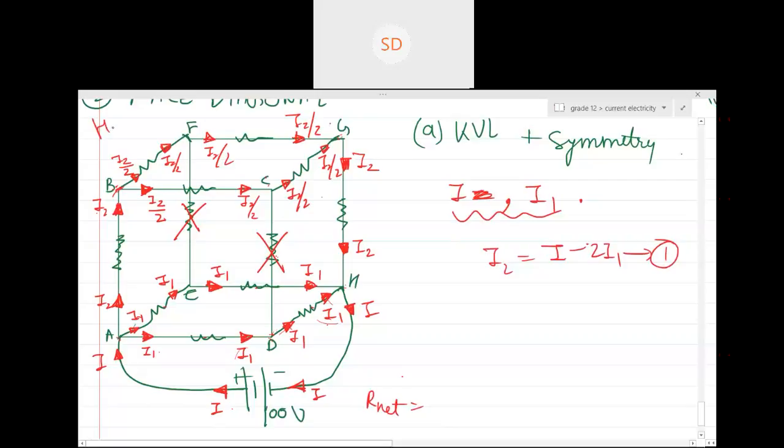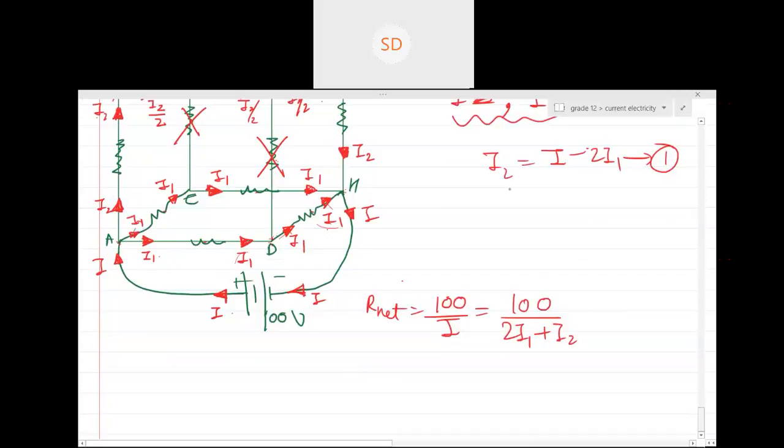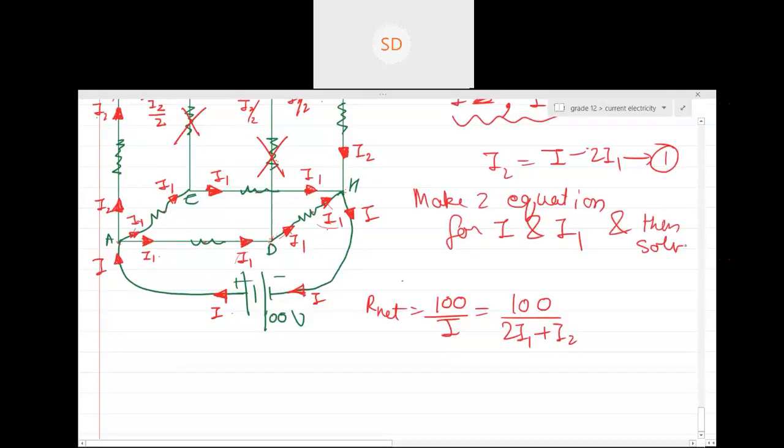This is your homework. R net will be equal to 100 upon I, which is basically 100 upon twice of I1 plus I2. Make two equations for I and I1 and solve. When you solve, you'll get R net.